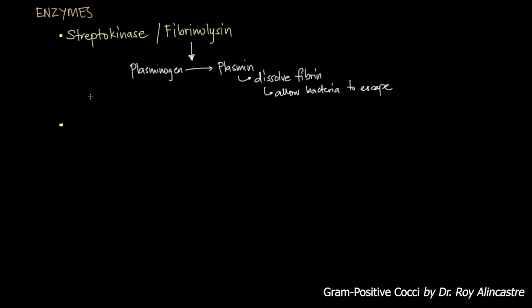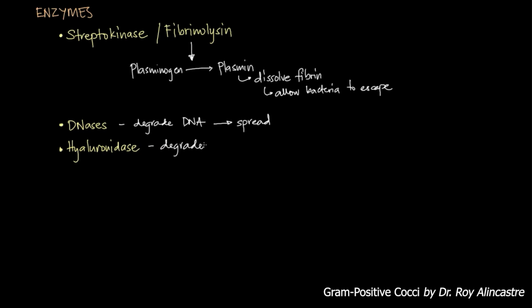Now, deoxyribonucleases or DNases degrade DNA and facilitate the spread of streptococci in tissue by liquefying exudates or pus. No? So they form pus. Hyaluronidase degrades hyaluronic acid, which, if you remember in histology, is the ground substance of subcutaneous or connective tissue.